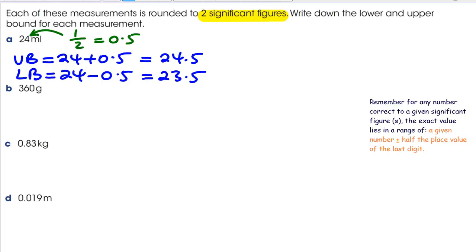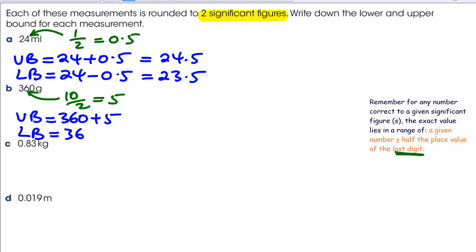Again, remember last digit, what's the place value of 6? 10 divided by 2, you get 5. Upper bound will be 360 plus 5. Lower bound will be 360 minus 5. So you get 365 and 355.